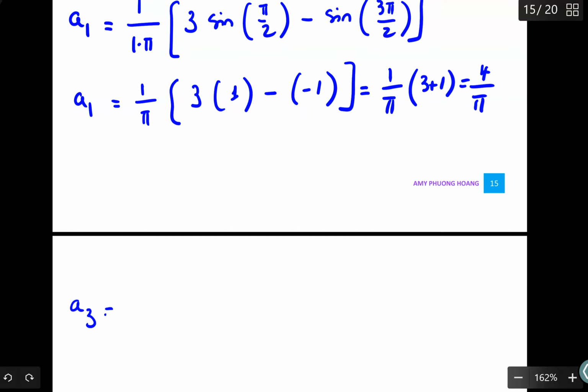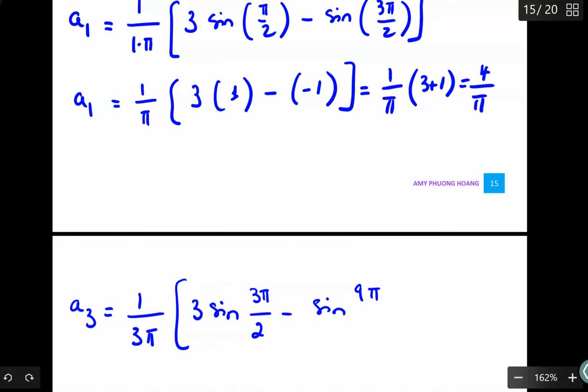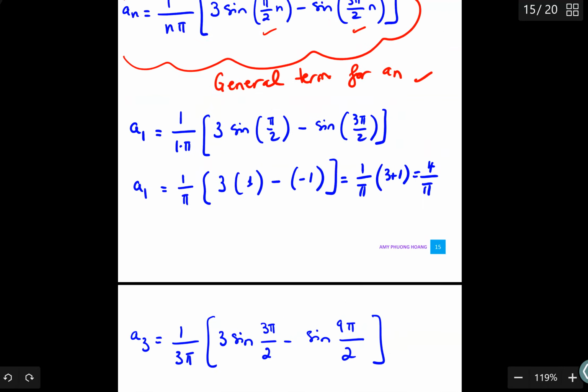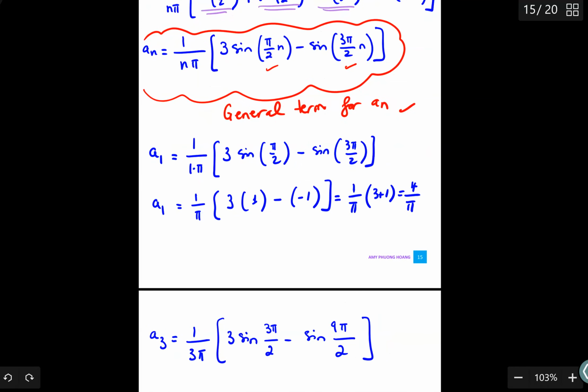So A3 will be equal to 1 over 3 times pi, and in here I should have 3 sine of 3 times pi over 2, subtract sine of 9 pi over 2. Let's show everyone this part. Why did I get 3 pi over 2? Because here is the n.